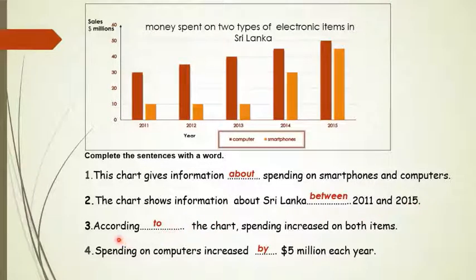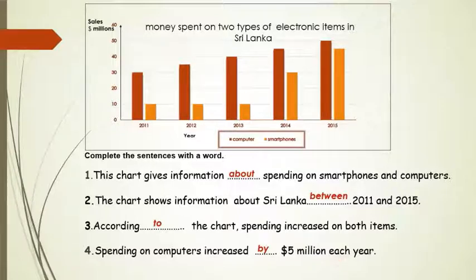Number 3, according to the chart, spending increased on both items. Number 4, spending on computers increased by $5 million each year. Okay, so when you read these sentences, definitely you are going to be familiar with them.